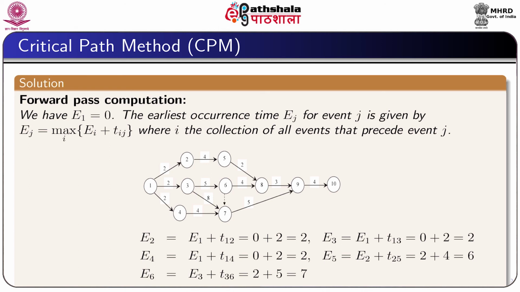Now, in the figure we see that E2 for the event 2 is equal to E1 plus T12, which is equal to 2.